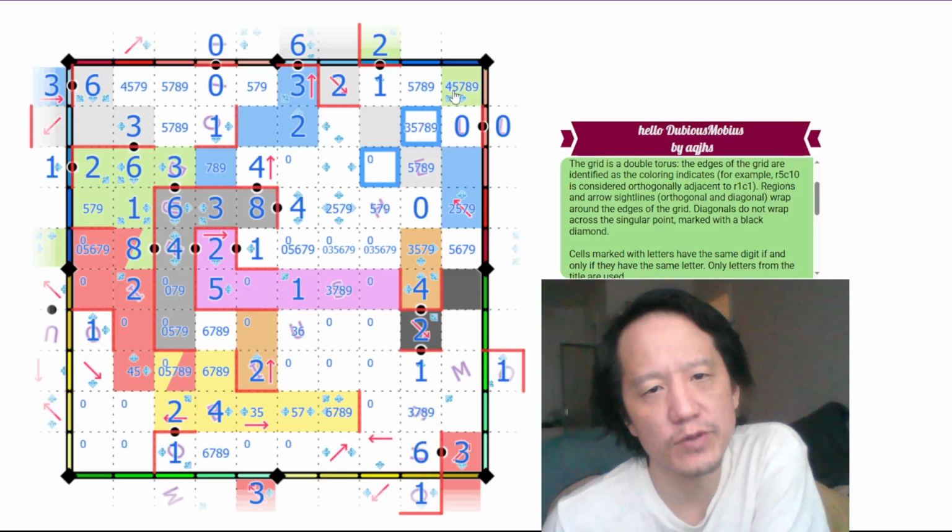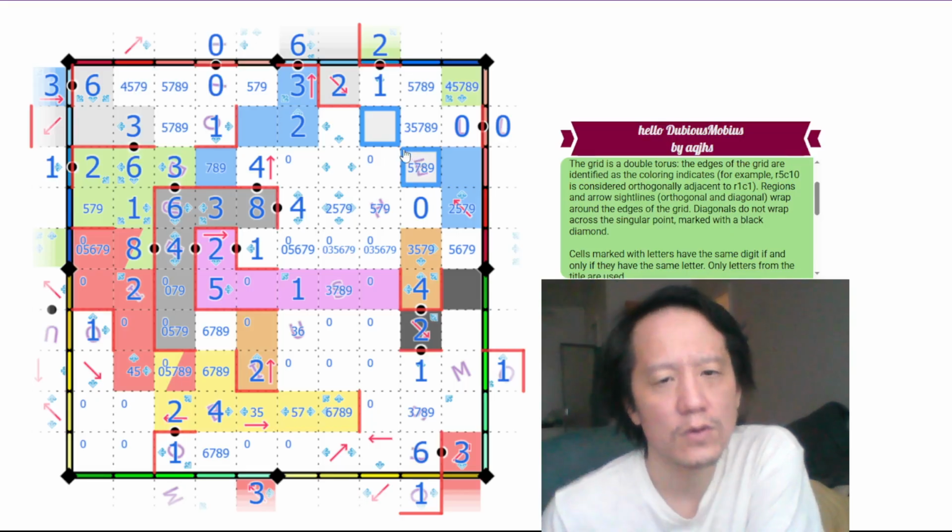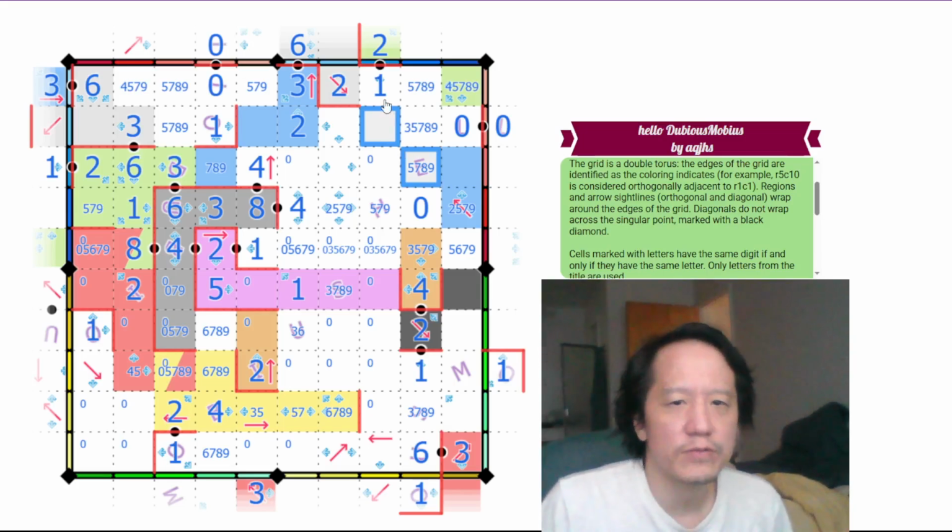No, it can't, because that would block off this region. So this is definitely different than the light region. So it's blocked off here. It's part of the green region already.